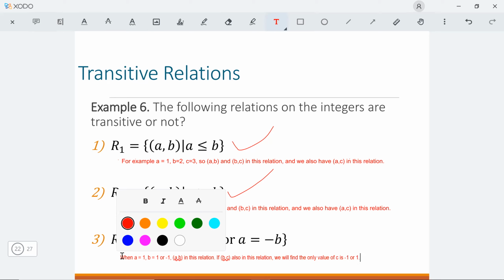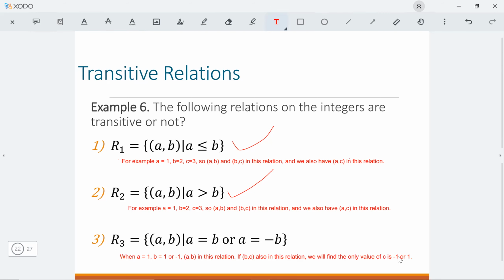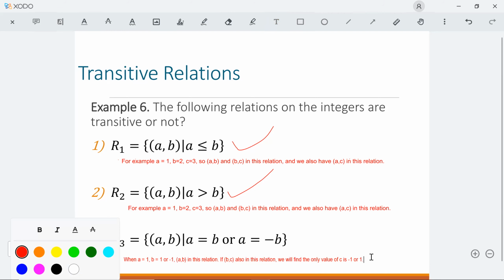Otherwise, BC won't be in our relation R3. Because C's value is either negative 1 or 1, of course AC will also satisfy the requirement of this relation. So AC is also in this relation, which means A equals C or A equals negative C.